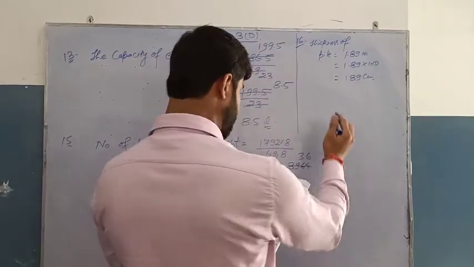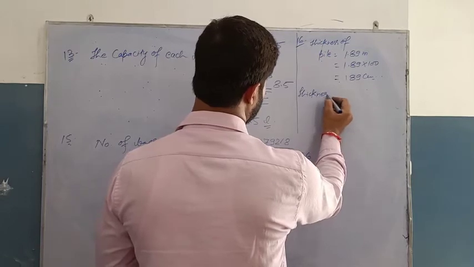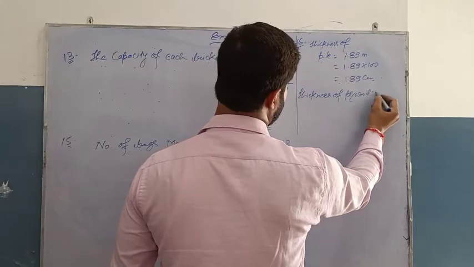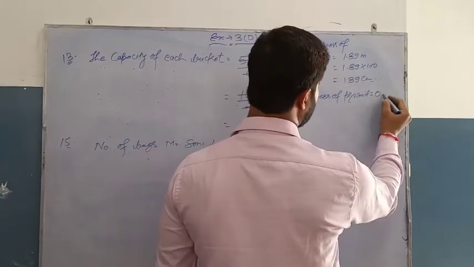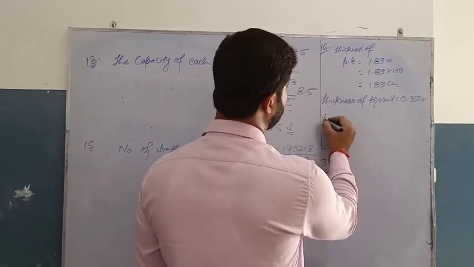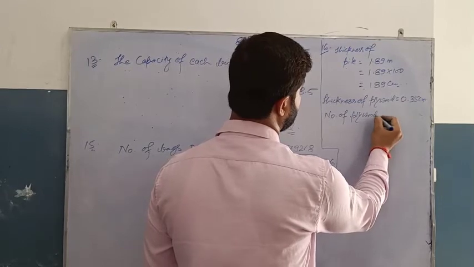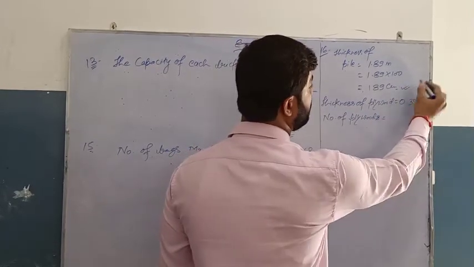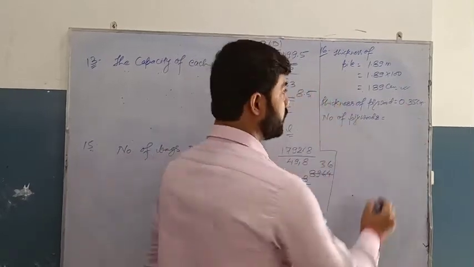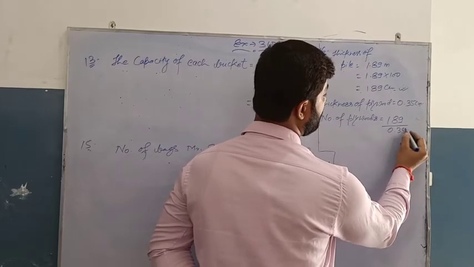And the thickness of plywood is given as 0.35 centimeter. We have to find out the number of plywood. So we will divide the thickness of the pile by the thickness of one plywood. So that will be 189 divided by 0.35.